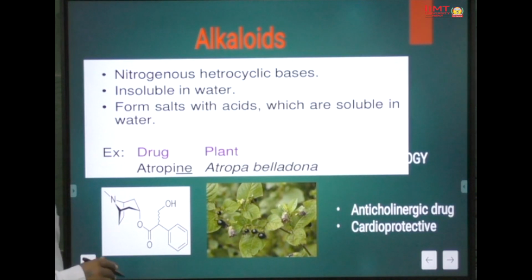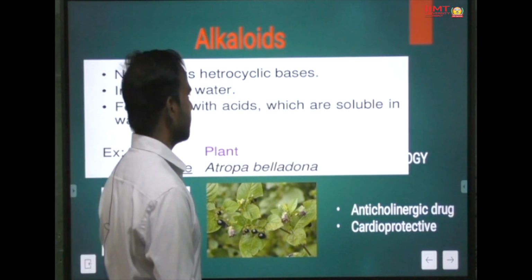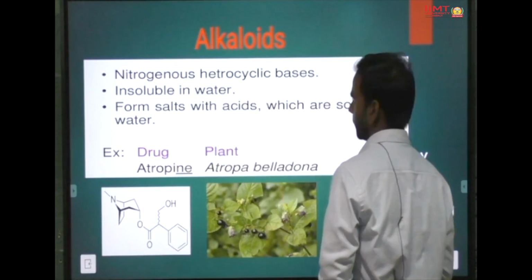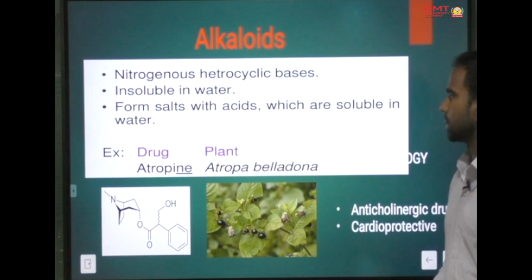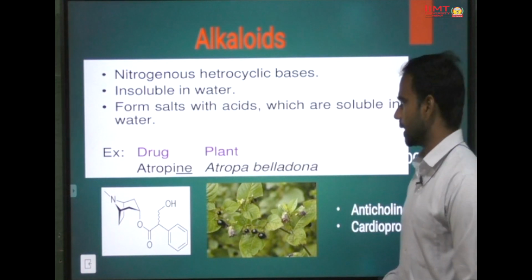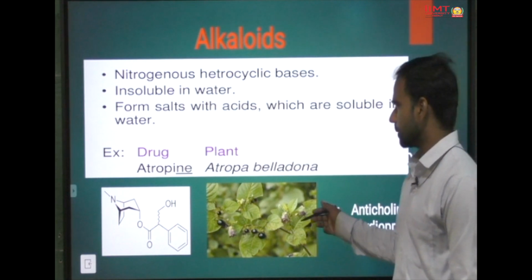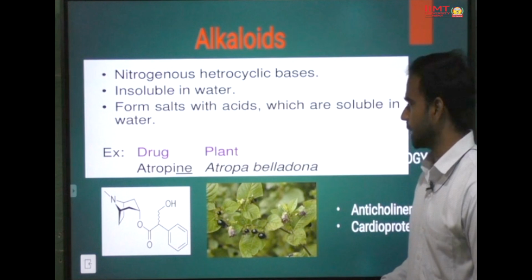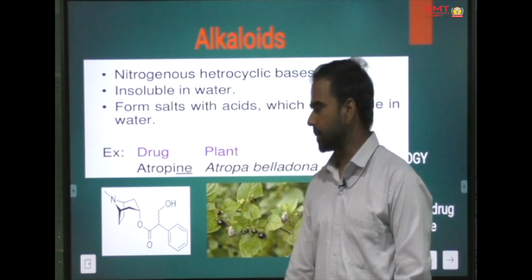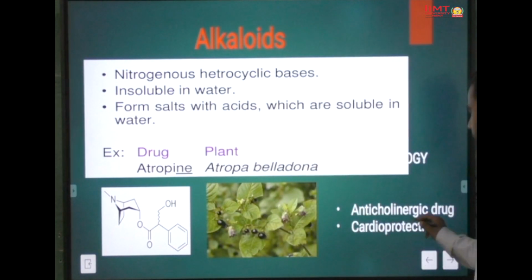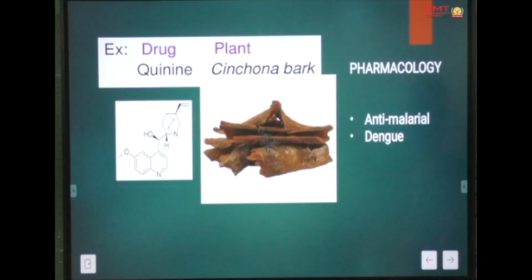So, here is the common example of alkaloid containing drugs, that is nitrogen. I have already told you that alkaloids are nitrogen containing heterocyclic bases, insoluble in water, and their salts, which are acidic, are soluble in water. The common example of an alkaloid is atropine, and atropine is derived from Atropa belladonna, and this is the morphological state of Atropa belladonna, and this is the basic structure of atropine, and that has been used for anticholinergic and cardioprotective activities.